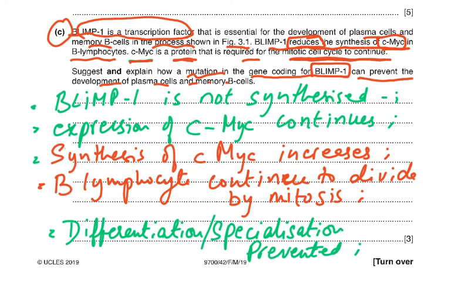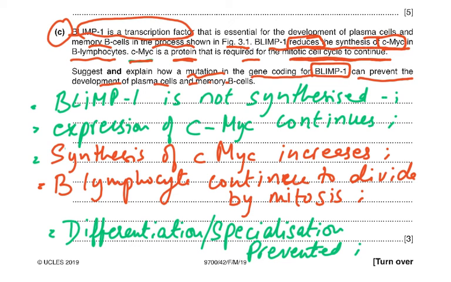So if I say mutation in the gene coding for BLIMP1, so BLIMP1 is not synthesized. Expression of C-MyC continues, because BLIMP1 reduces the synthesis of C-MyC. So now that there is no BLIMP1, expression of C-MyC continues.